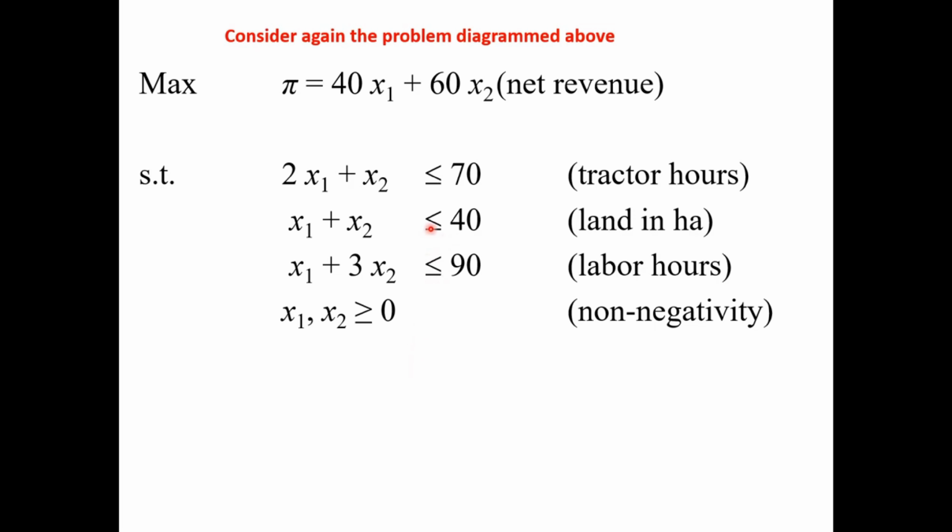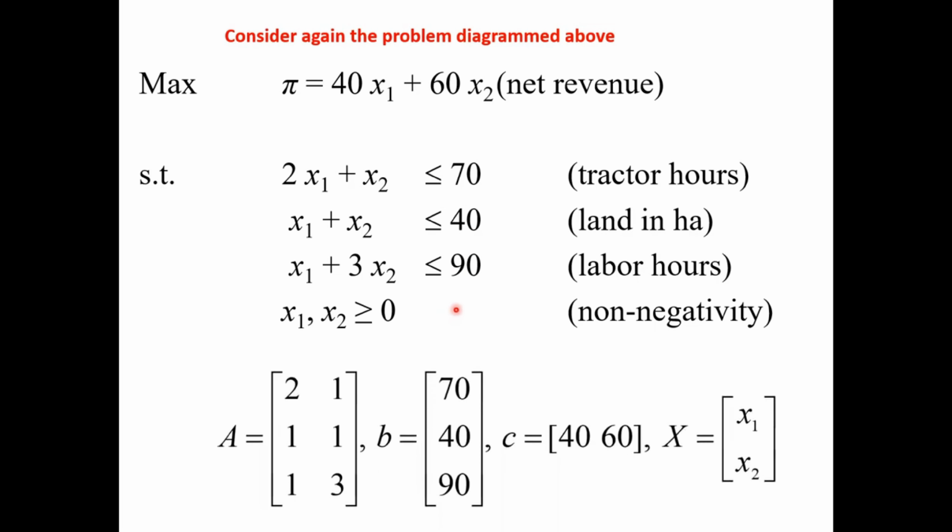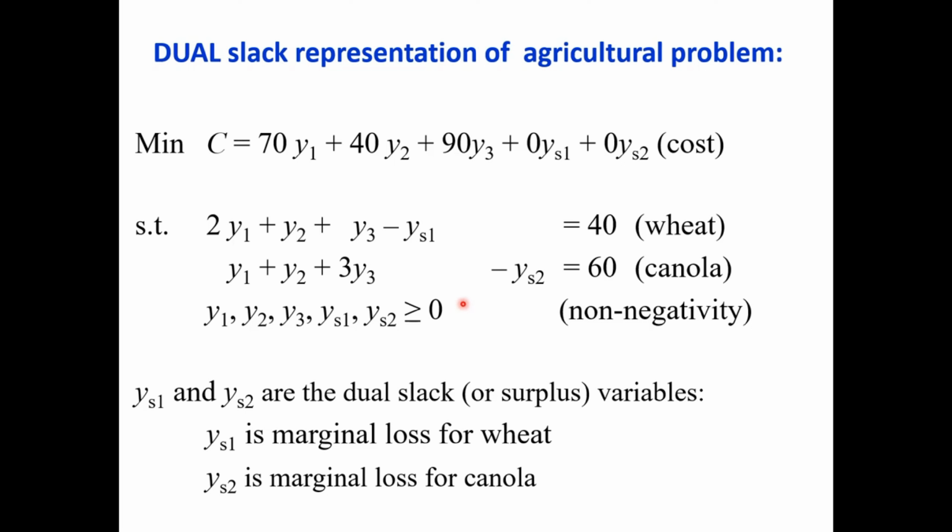So consider again the problem diagrammed above, where we had tractor hours 70, 40, and again we can represent that in the following way in matrix notation. And the dual slack representation looks like this.